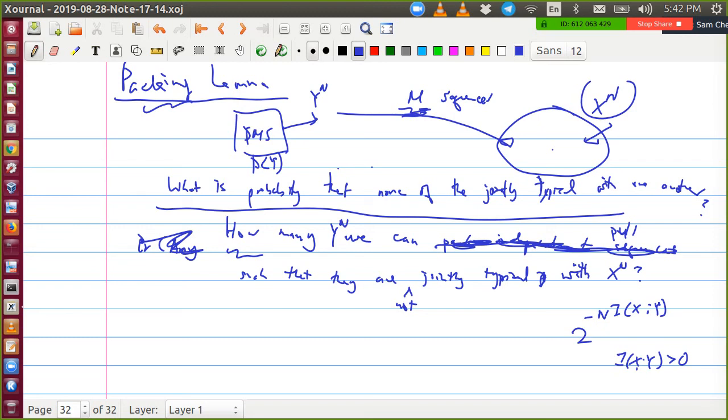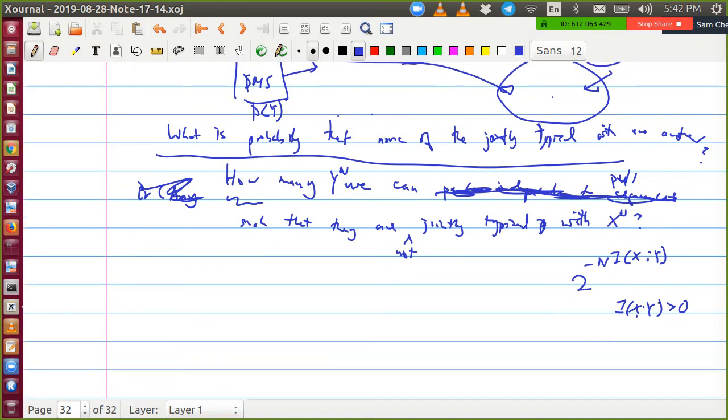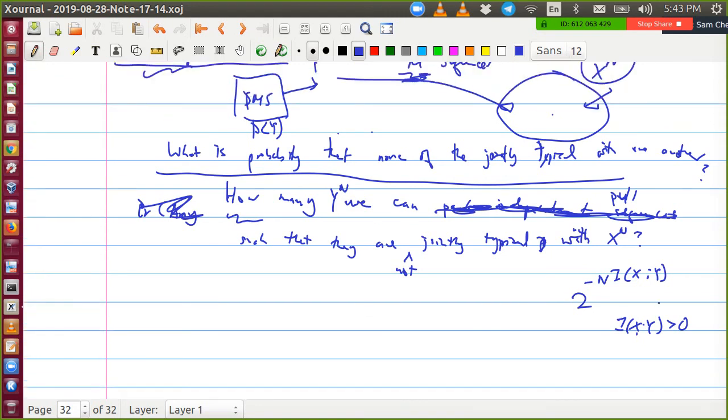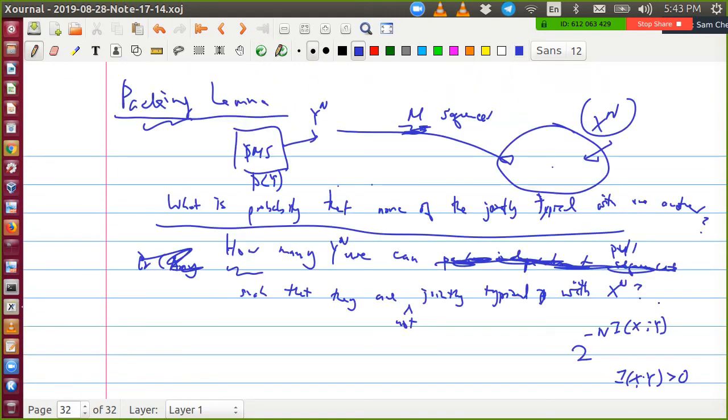Then we pull n sequences there, m sequences of length n. Let's say we put m, but how many sequences we can pull, let's fix this to m first.